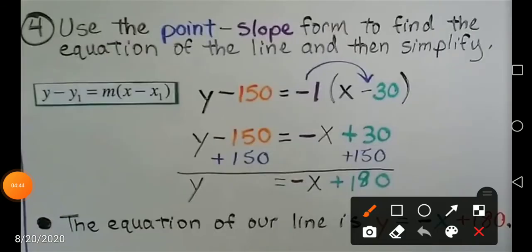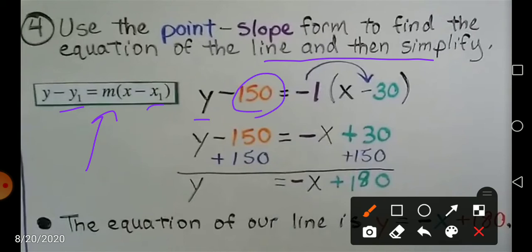Then use the point-slope form to find the equation of the line and then simplify. Remember the point-slope form: y minus y sub 1 equals m times x minus x sub 1. I have y minus 150 for y sub 1, as we have solved for the ordered pairs 150 and 30.